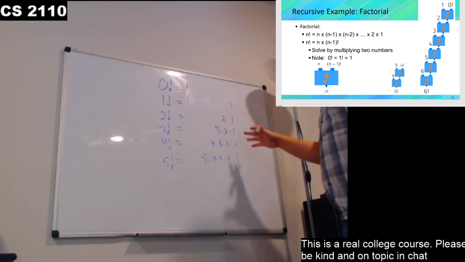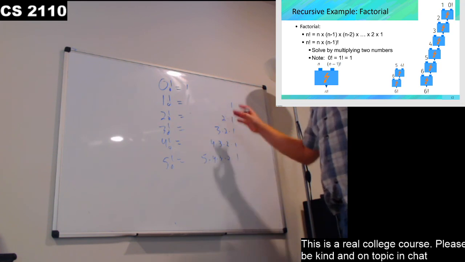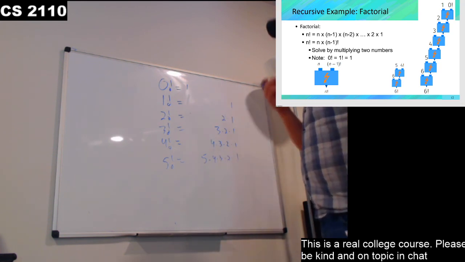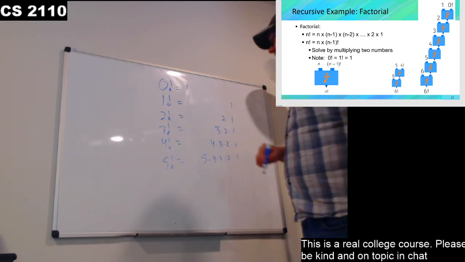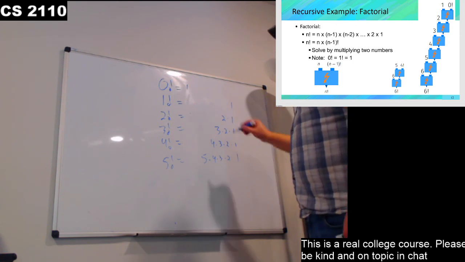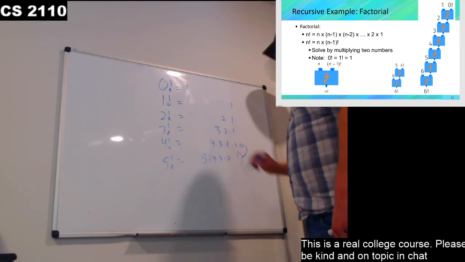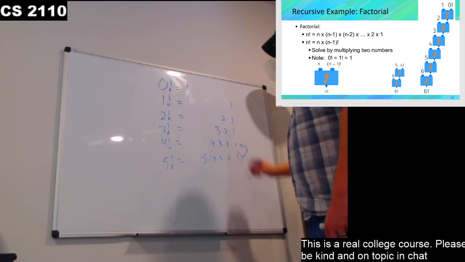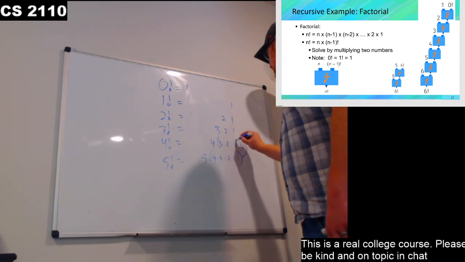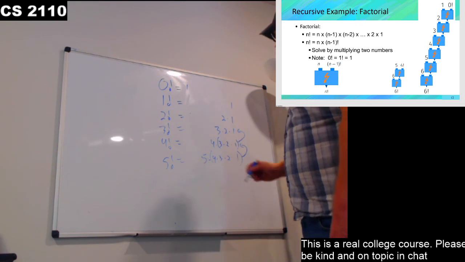And the reason I wrote it this way is writing it this way is going to help me work out my recursive definition. For example, notice that 5 factorial contains all of the elements in 4 factorial. And 4 factorial contains all of the elements in 3 factorial.